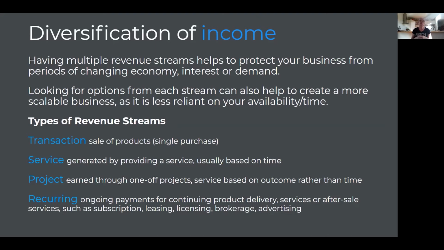But having multiple income streams and diverse income streams into your business obviously helps prevent the risk of a certain significant decline based on an activity. And obviously COVID is a prime example of that. If you are only able to deliver your product or service in a physical environment, directly engaged with your customer, you're closed at the moment. That's it. There's no other option. So looking at different ways of doing that is really important.